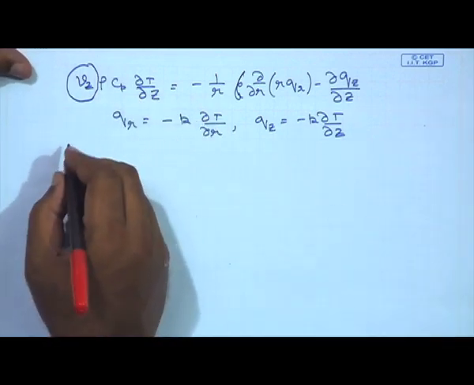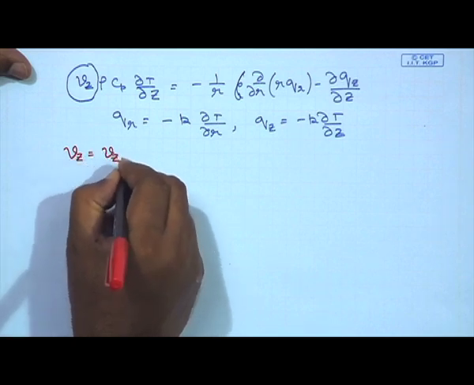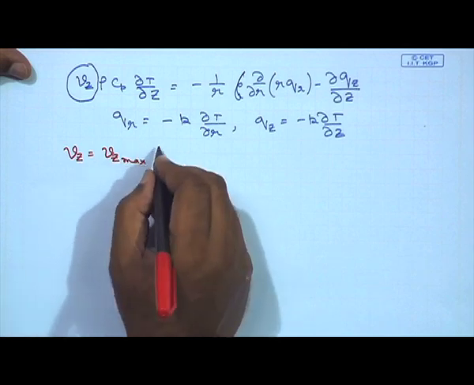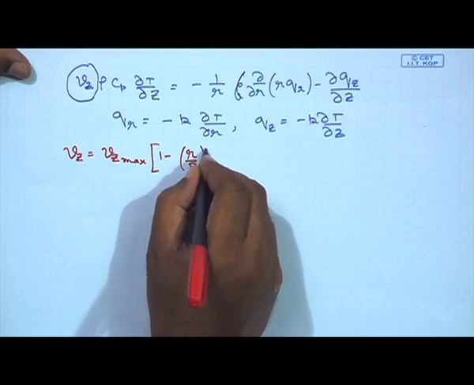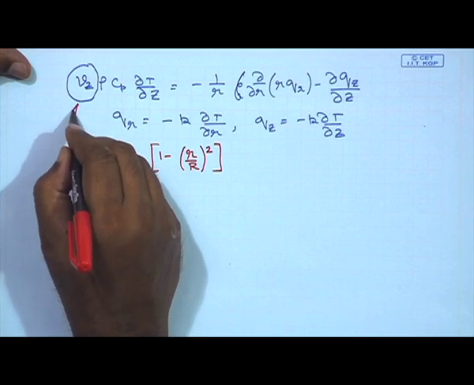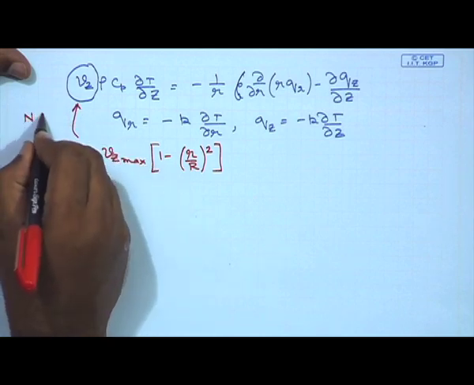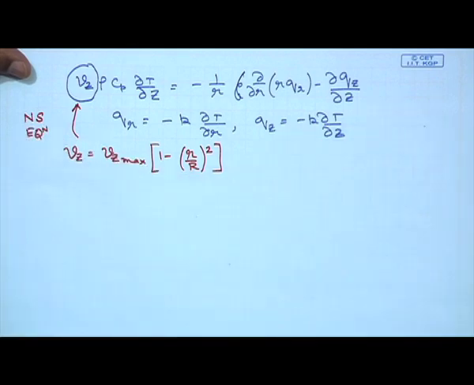from our study of fluid mechanics, we know that Vz is equal to Vz max times 1 minus small r by capital R, where capital R is the radius of the tube. We plug this in from the solution of the Navier-Stokes equation.